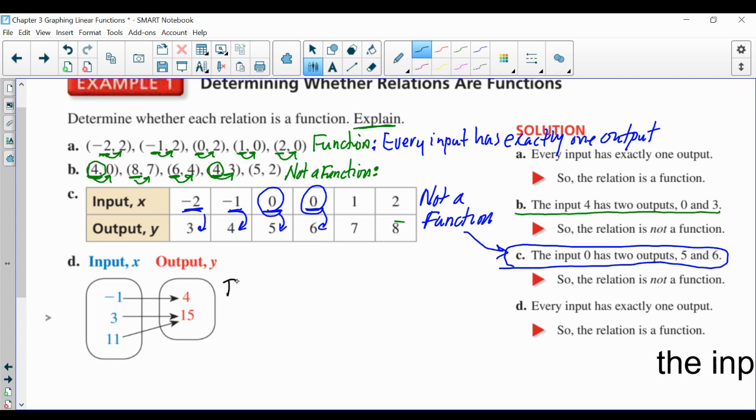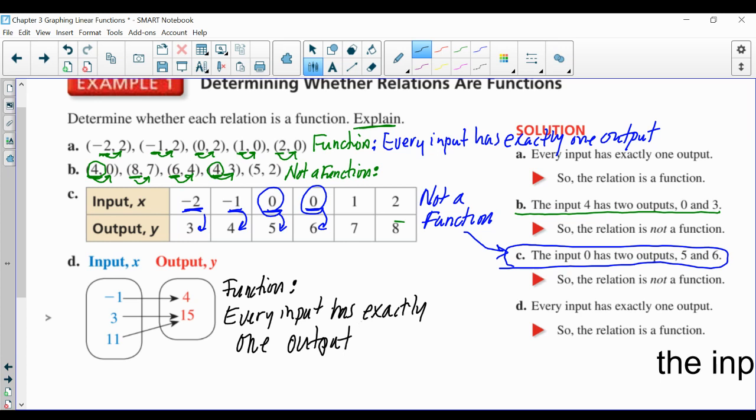So this one here is a function. And the reason for it is every input has exactly one output. All right, so this one is a function.